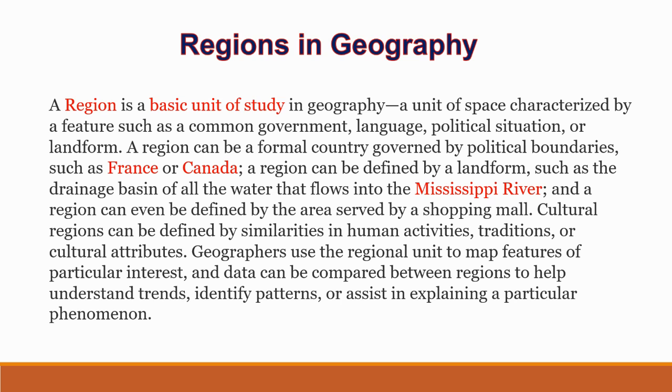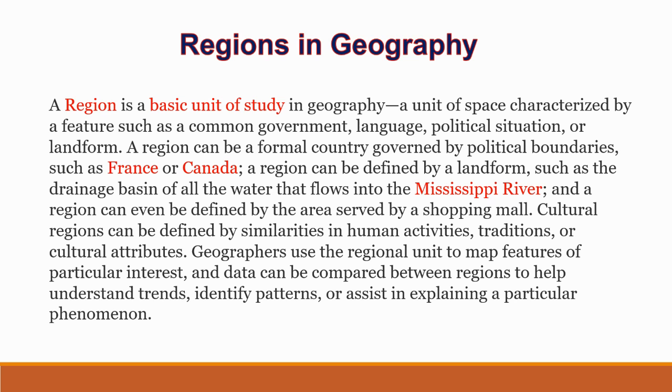A region can be a formal country governed by political boundaries, such as France or Canada. A region can be defined by a landform, such as the drainage basin of all the water that flows into the Mississippi River, and a region can even be defined by the area served by a shopping mall.